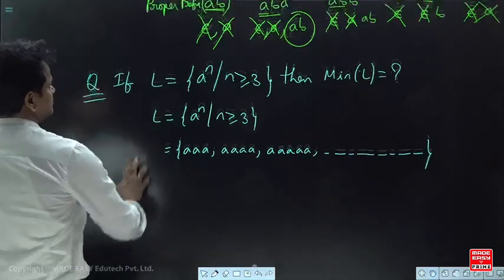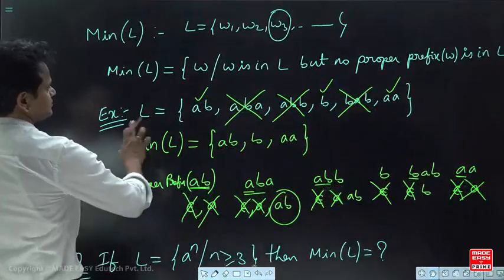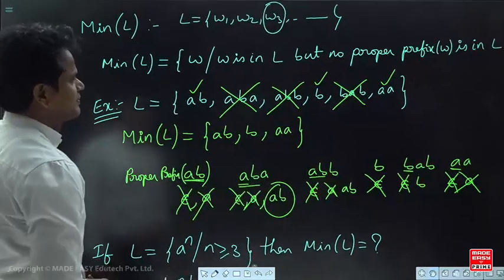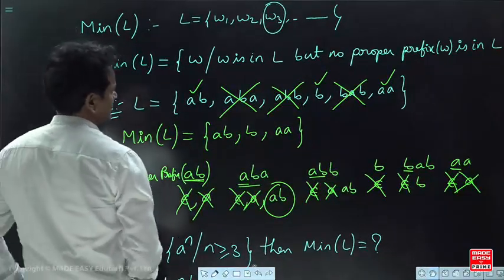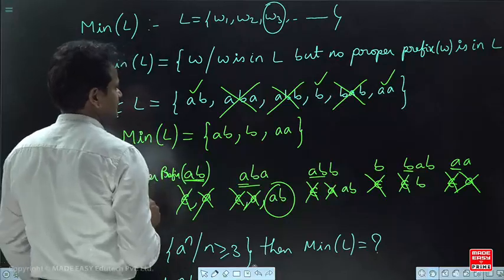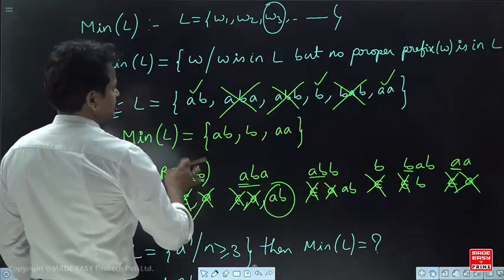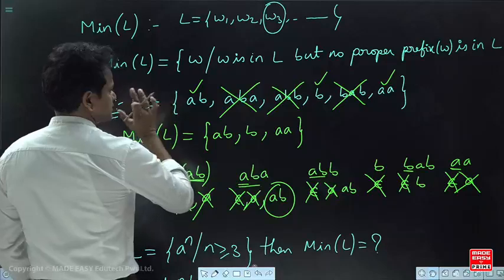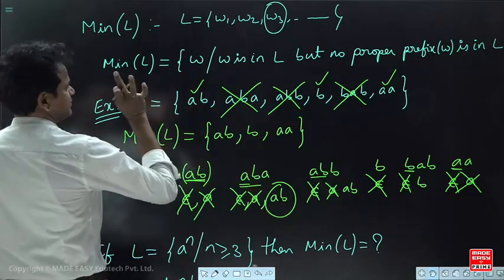So what is the minimum? Any proper prefix of that string should not be in L. So a string which is in the language, but its proper prefix should not be in the same language.